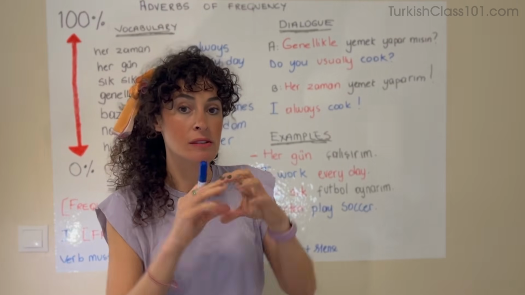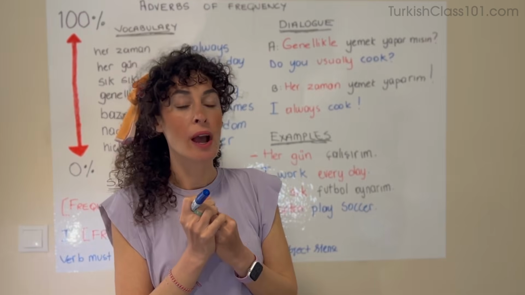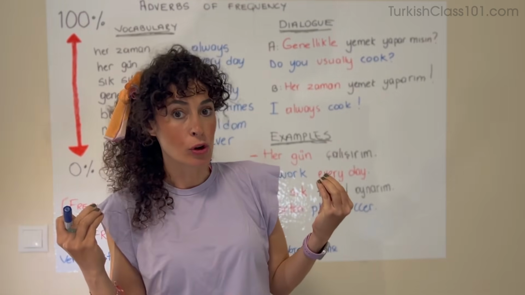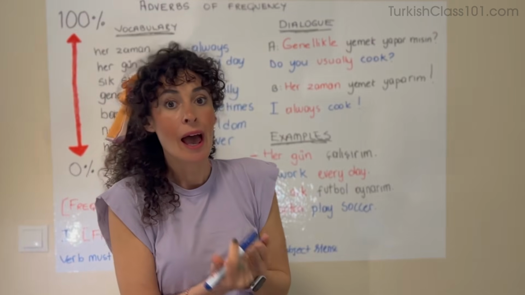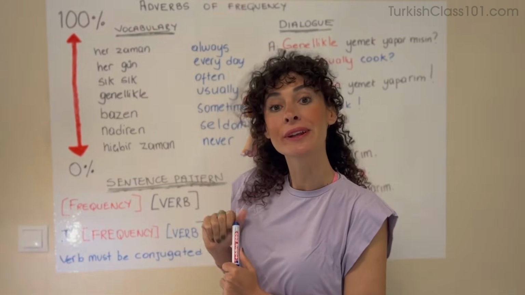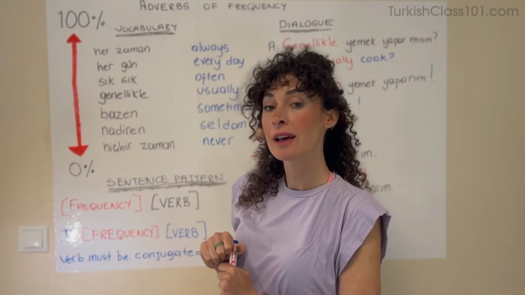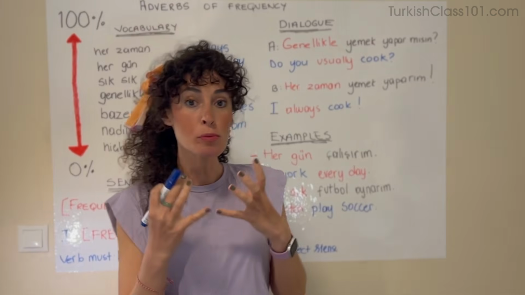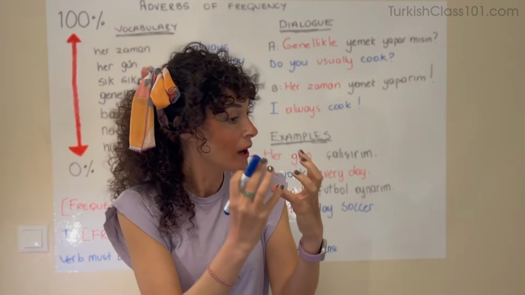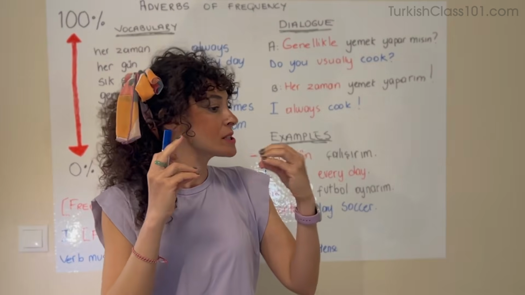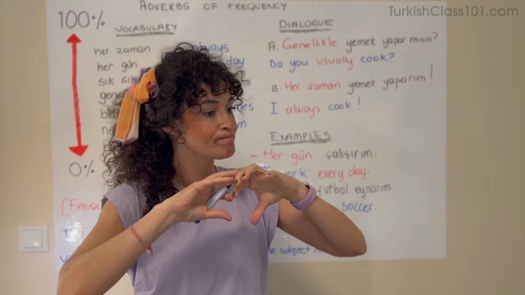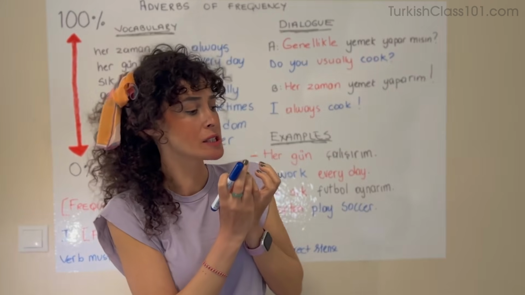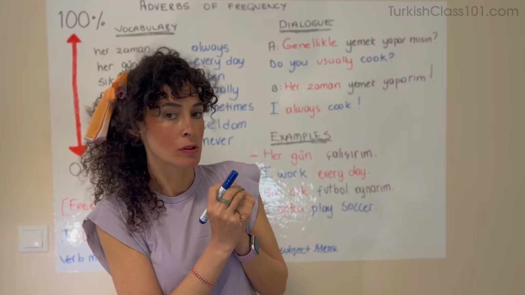It's a container, it's a wrapper. So a regular envelope, zarf, contains a letter. And the grammar point zarf envelopes the meaning. It gives a modified meaning of a word.